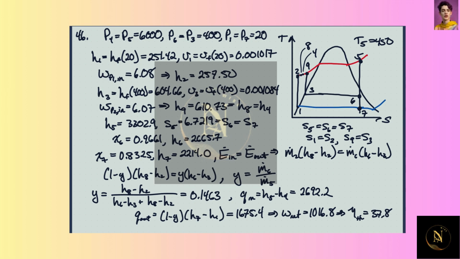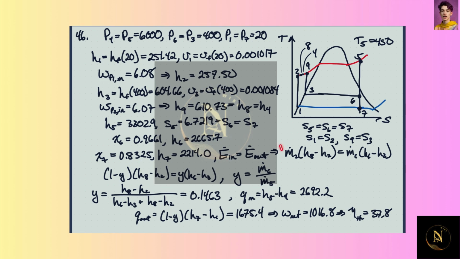Let's see here. We are looking at the feed water heater basically, right? So we're looking at the feed water heater, or the steam extracted, the fraction of the steam extracted, the steady flow energy balance equation applied to the feed water heater.